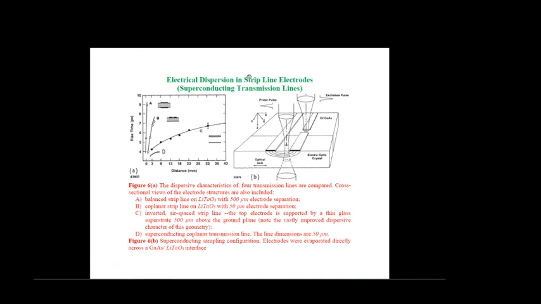The first is at room temperature, where the transmission lines are placed at room temperature, but here the transmission lines are placed in a superconducting environment. So in this figure, the experiment and the performance of this sampling are reported.